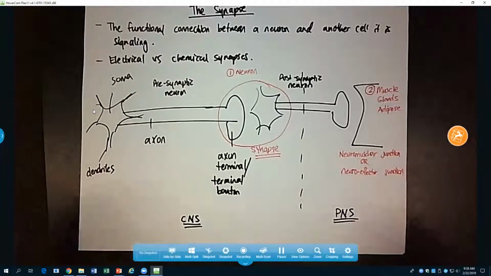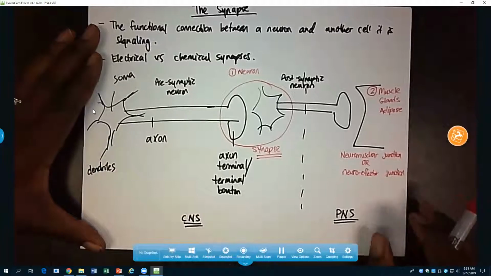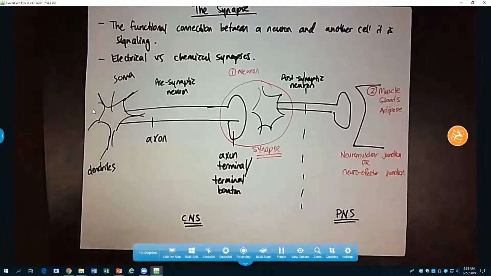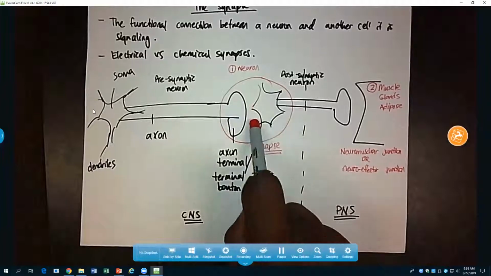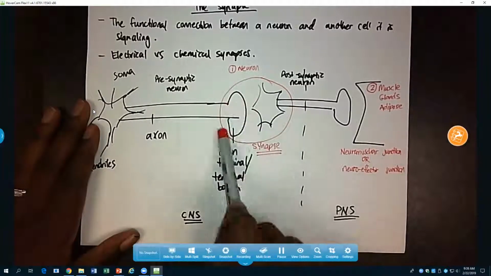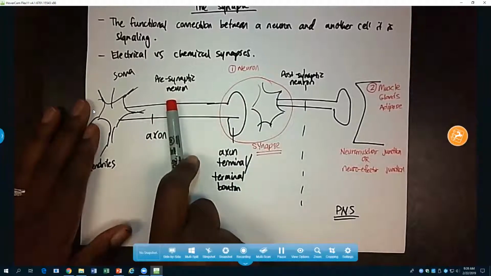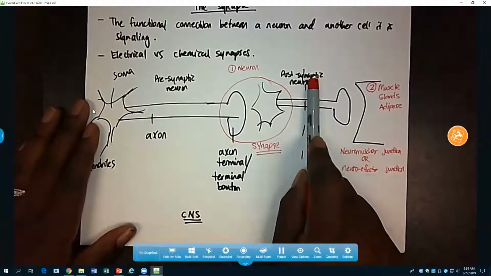So I'll say that again. So we have a synapse, which is a functional connection between a neuron and some other cell that it's signaling. There are two options for that other cell. It can either be another neuron, which is in the central nervous system, and this is where the terminal bouton of one neuron, the presynaptic neuron, communicates with the cell body of the postsynaptic neuron, a second neuron.